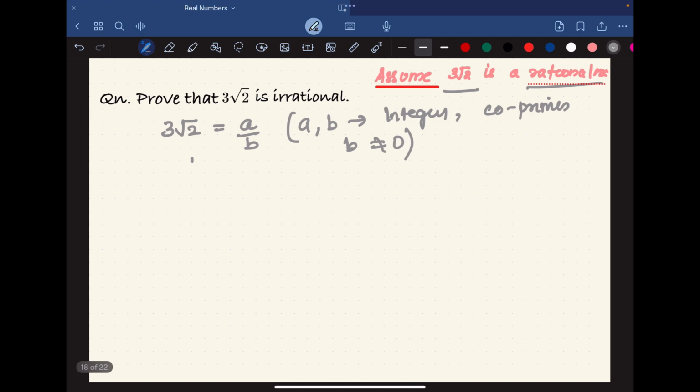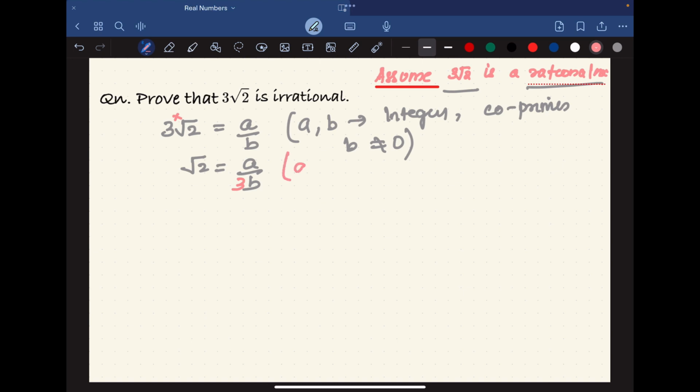So 3 root 2 is equal to a by b. We keep the root 2 on the LHS and take all the numbers to the right hand side. Here root 2 is multiplied with 3, so this 3 will go to the other side and be in the denominator. So root 2 is equal to a by 3b.